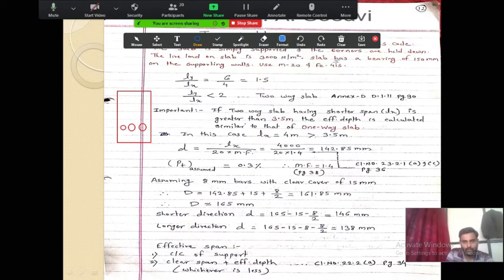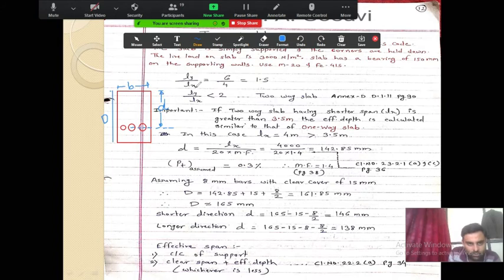Whatever the distance is from this point to this point, that is your overall depth D, and this is your width B. And what is the effective depth? If I draw a line from the center of these bars, whatever the distance is, that is my small d.